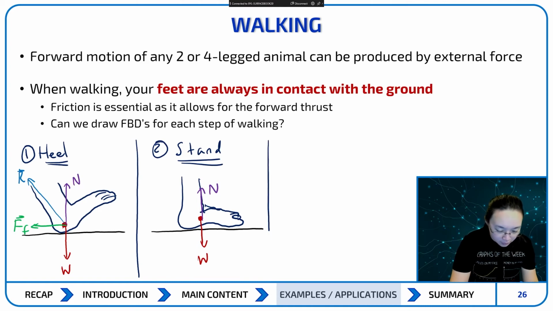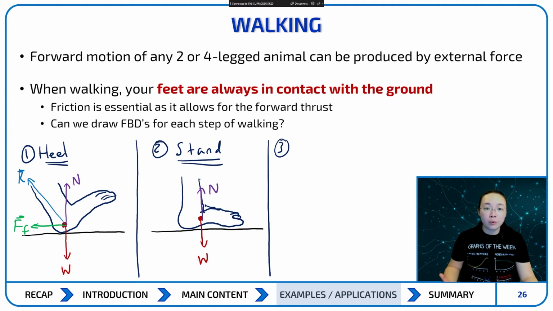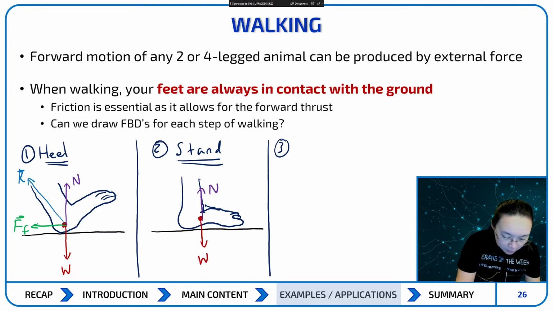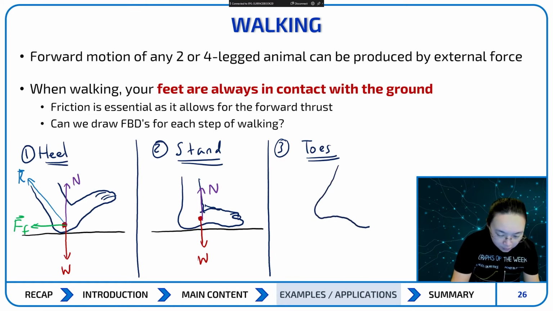The third and final step is going to be when you go and thrust forward because of your toes. So this would be your toes. So you have your heel.